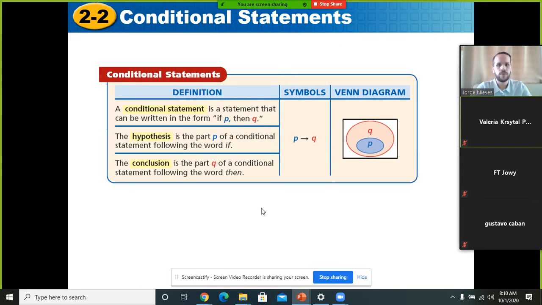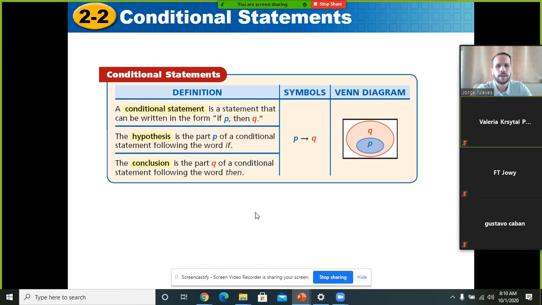First we have to start defining these words. A conditional statement is a statement that can be written in the form if P then Q. We're going to see this in some examples. The hypothesis, we have heard that word in science.